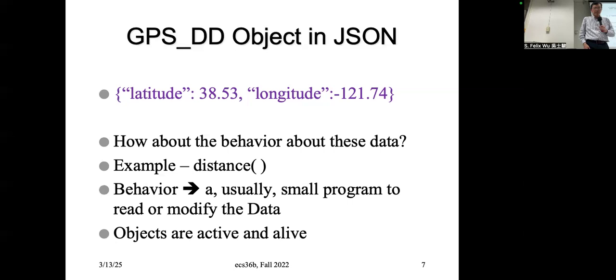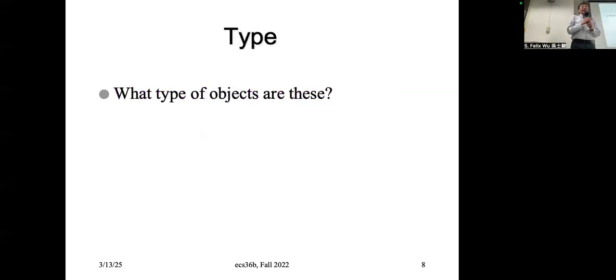All right, now we're going to transition from this simple data-only representation, which is JSON, into more complete object-oriented modeling or programming, which this semester is C++. I'm going to introduce the first concept, called type.